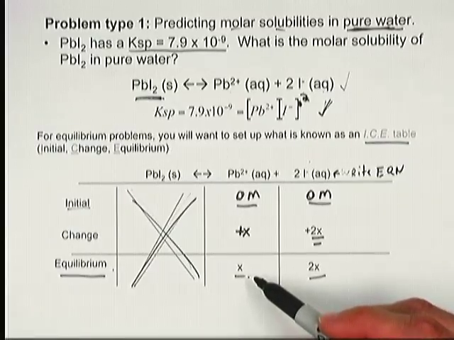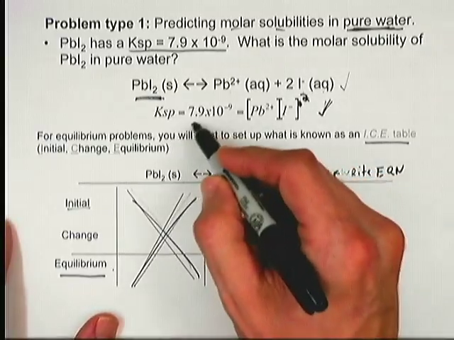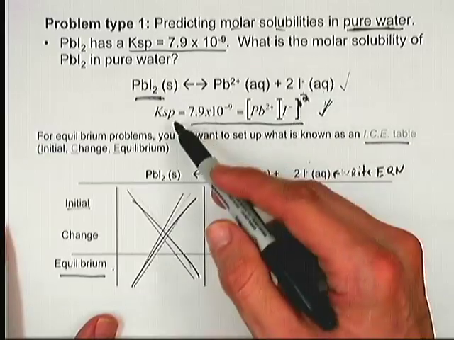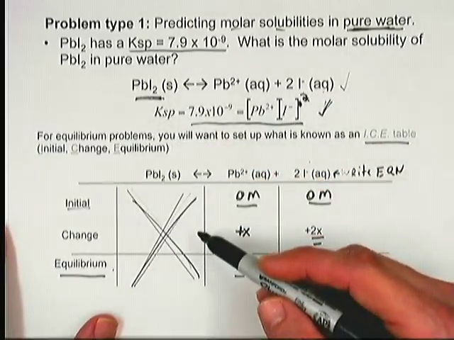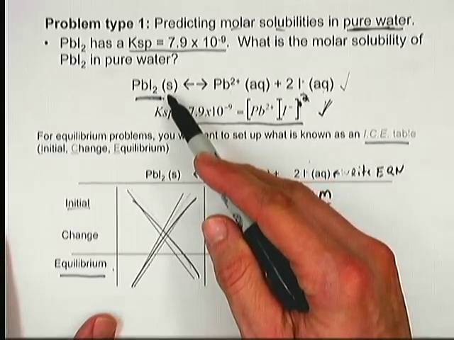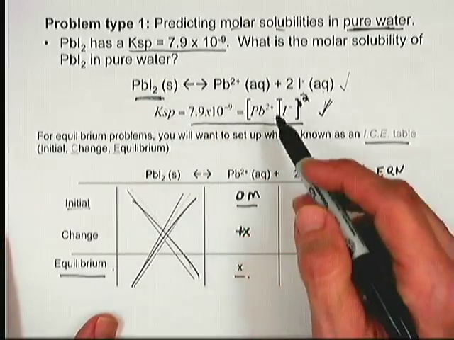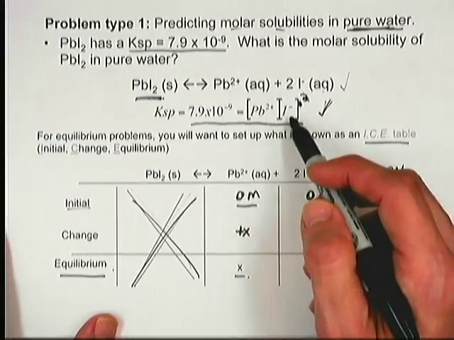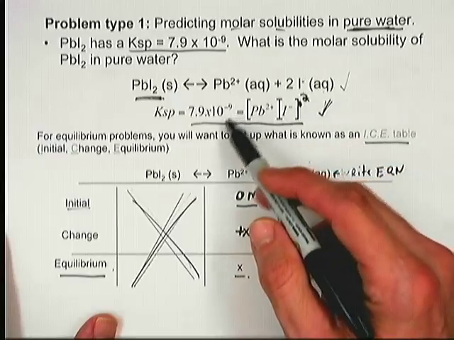And I also know something else that shouldn't be overlooked. I know that this Ksp expression needs to be honored because it describes the equilibrium dissolution of this sparingly soluble salt. So what this number means is when this stuff dissolves to make a saturated solution, if I multiply the concentration of lead ion times the concentration of iodide ion squared, I've got to get this number.